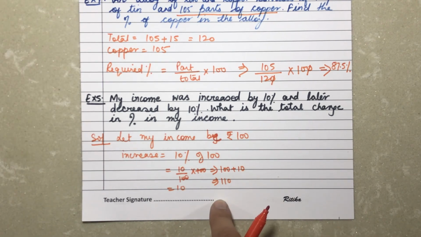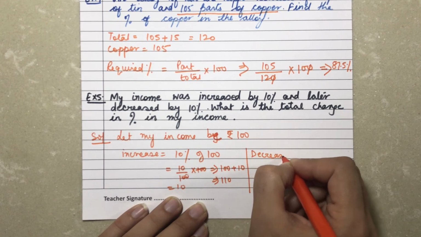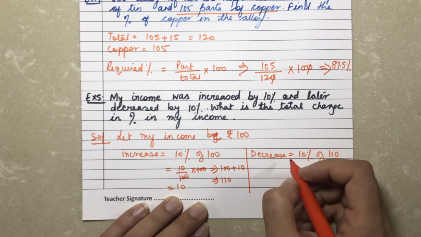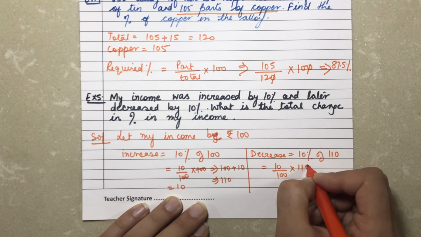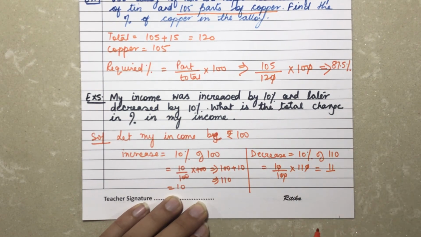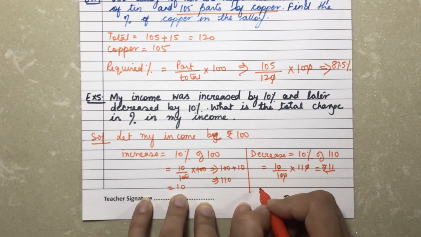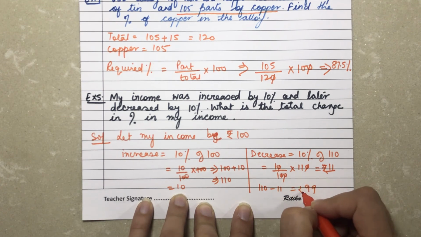Now in my new income, it got decreased by 10%, right? So decrease is equal to 10% of 110. So this becomes 10 upon 100 into 110. Now that means my decrease is how much? Rupees 11. Now if I decrease rupees 11, so 110 minus 11, so this gives me rupees 99.